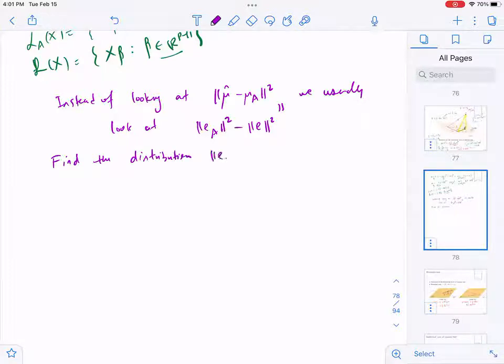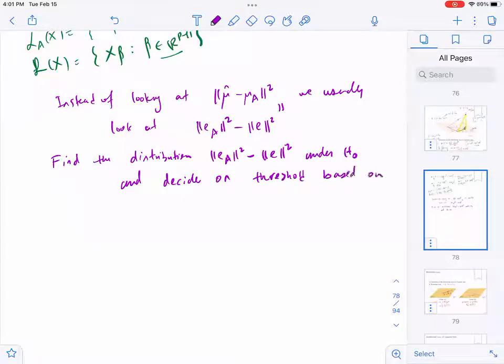So find the distribution of, let's say, this guy under the null, under H naught, and decide on a threshold based on, let's say, requiring a certain significance.